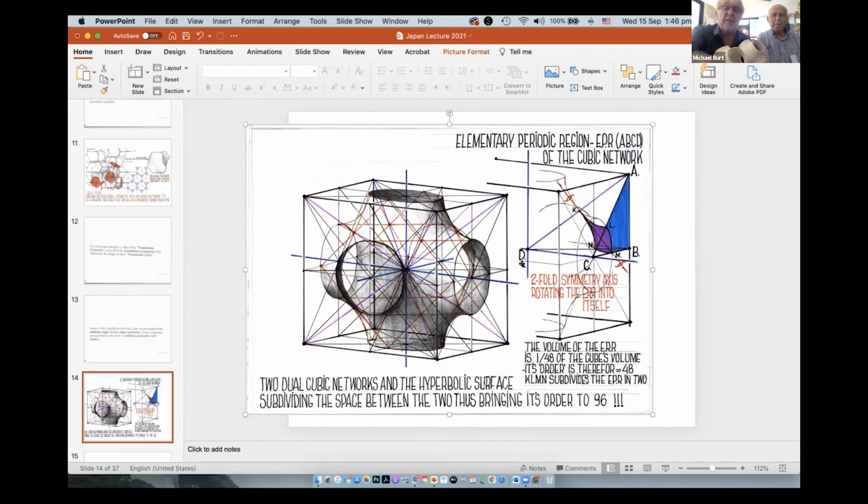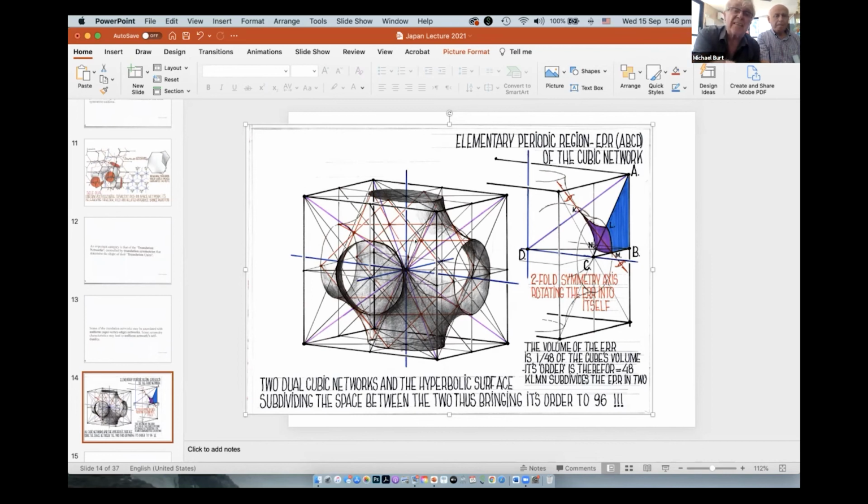These symmetry elements are of a twofold kind, either reflective twofold rotation symmetries or points of reflection on the surface.